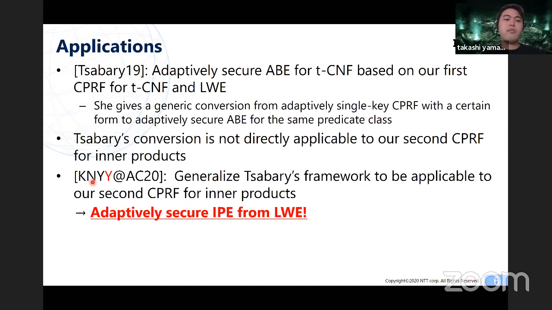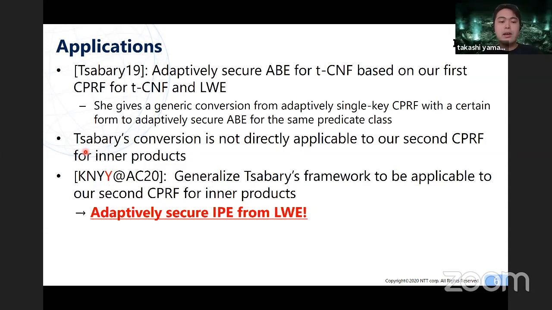There are several applications of our CPRF. After uploading the first version of our work on ePrint, Tsabary used our first construction to construct adaptively secure ABE for TC and F based on LWE. Unfortunately, her construction is not directly applicable to our second construction.